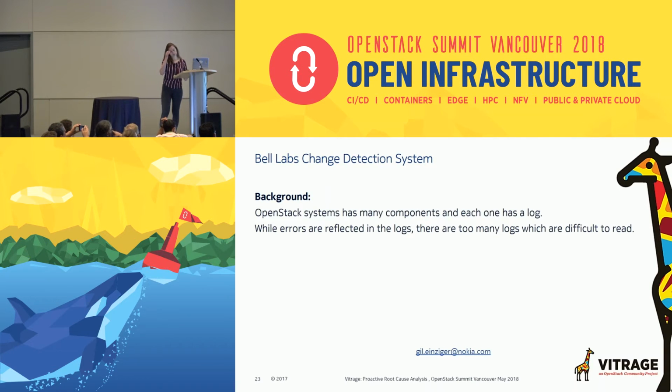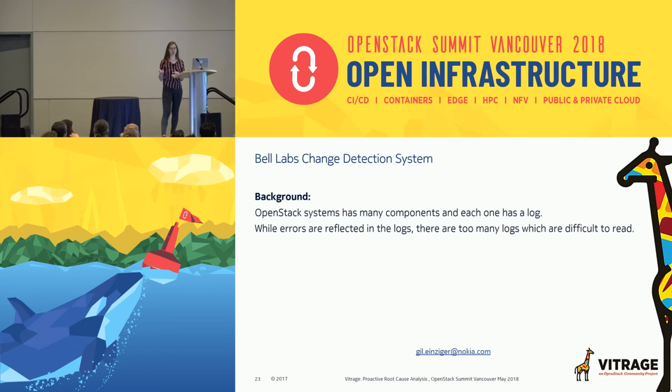The background of this algorithm is that in OpenStack, we have lots of different services, and each one has its own log file, and it is sometimes very hard to find an error or a fault in the system. You have to go through many logs and search, and even if you're using tools for log analysis, it's not always easy.